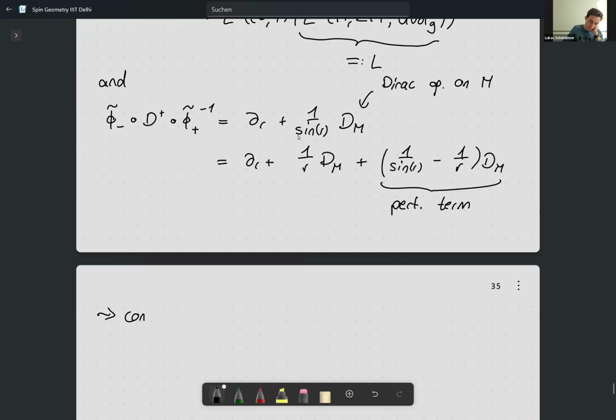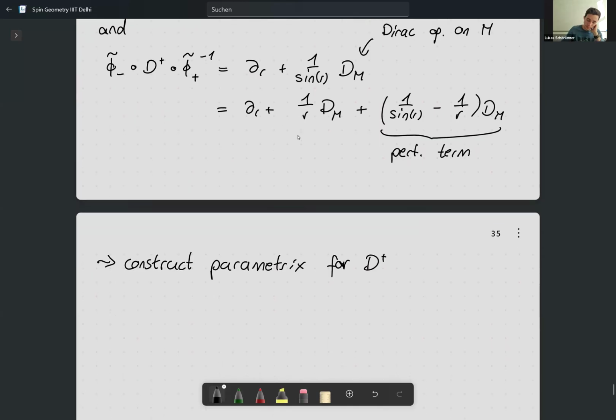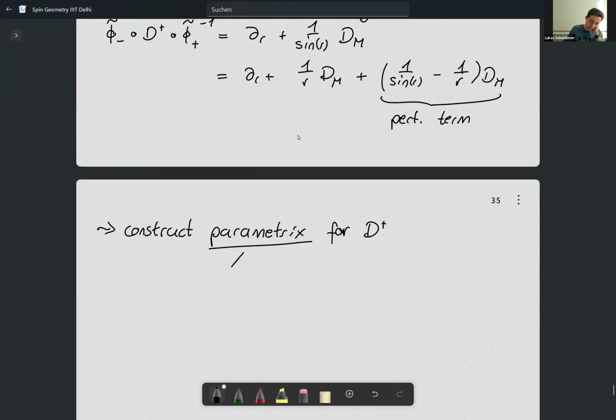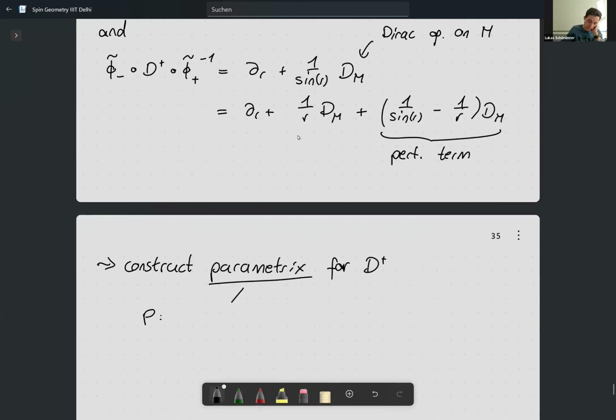What we do is we construct explicitly a parametrix for T plus. And a parametrix is a bounded operator from L2 sigma plus S_M going into the domain of the operator. Let's say we want closed Hilbert spaces, so we consider here the minimal closed extension of T.